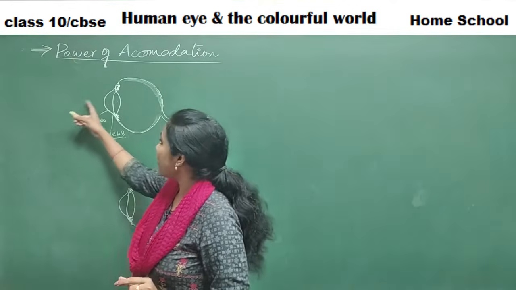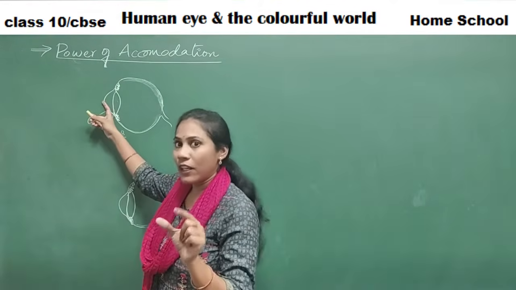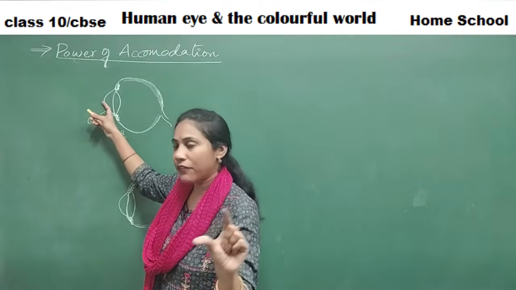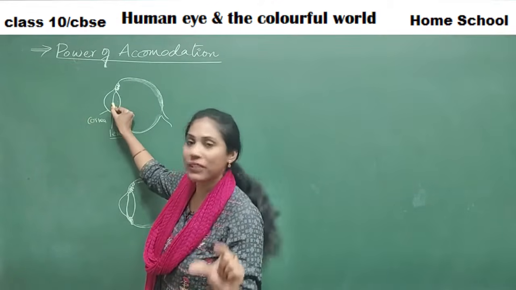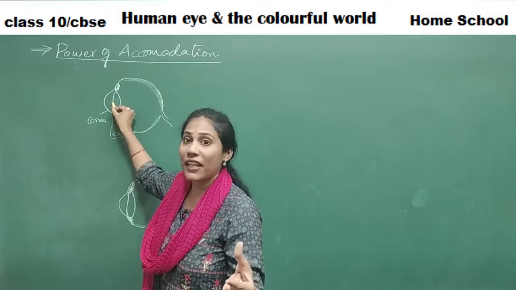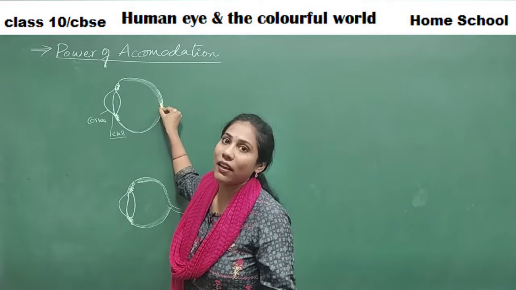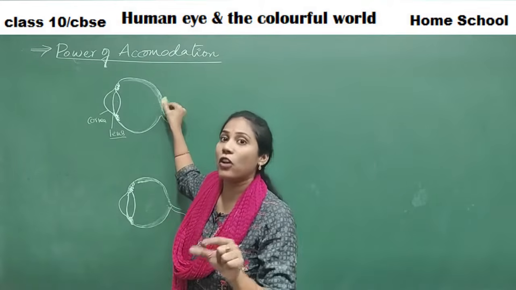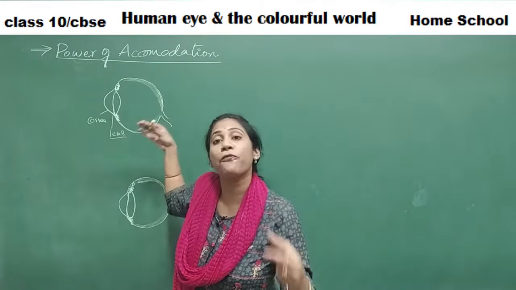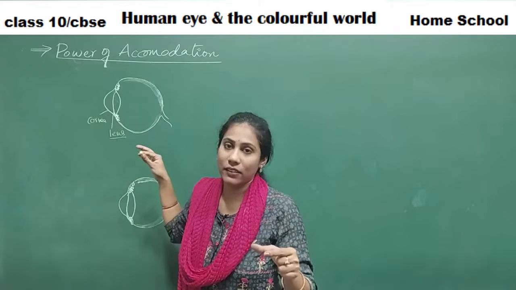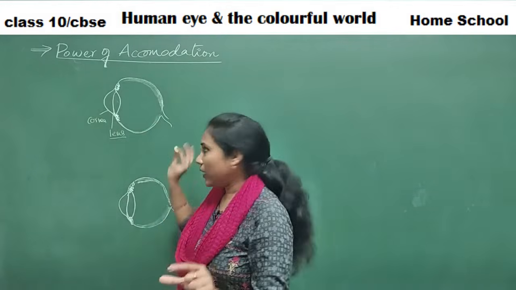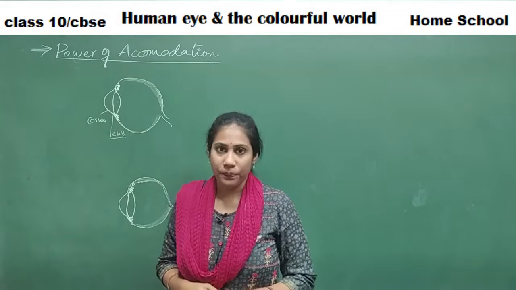Light rays pass the cornea, the first level of refraction occurs. Again they pass to the lens, the second level of refraction occurs, and they meet at the retina. The light rays converge at the retina, so the image is formed on the retina. This is what we discussed in the last video.